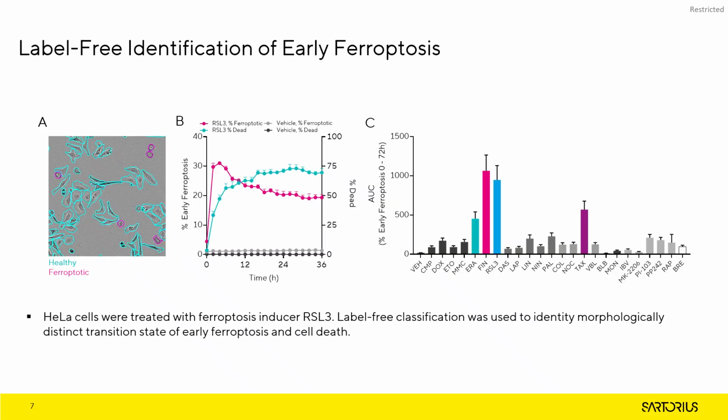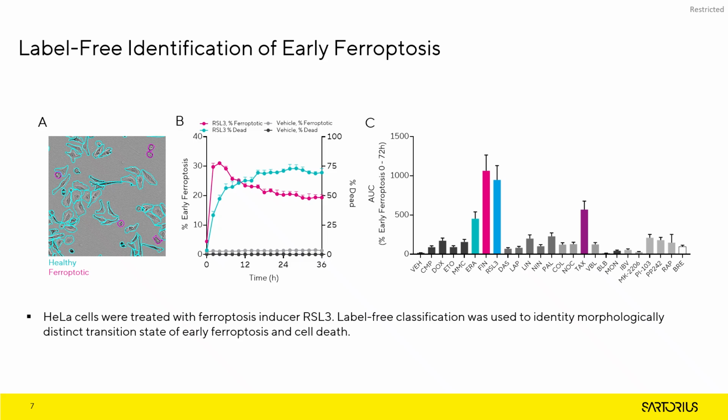So here we're looking at how we can identify early ferroptosis label-free. HeLa cells were treated with the ferroptosis inducer RSL3. These were then segmented cell by cell, and then label-free classification was used to identify morphologically distinct transition states of the early ferroptosis and cell death.